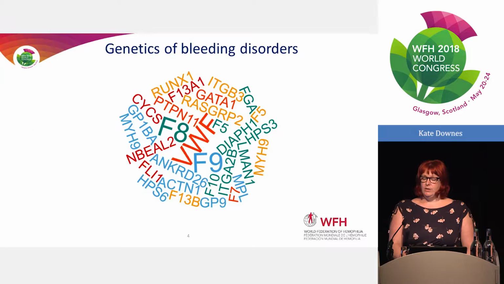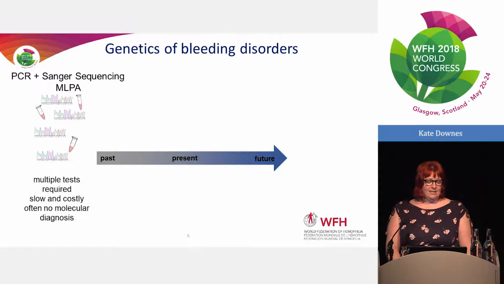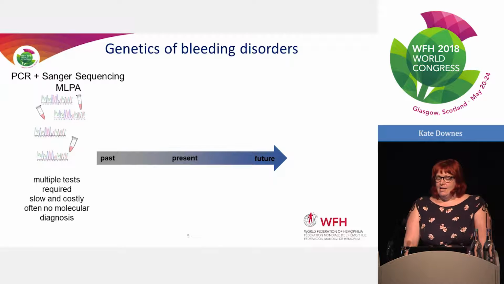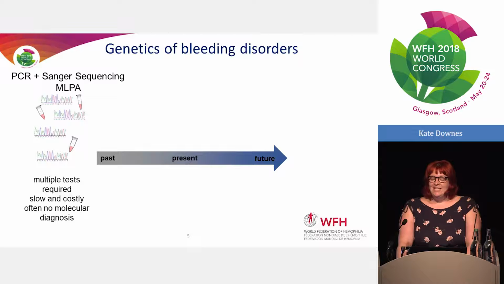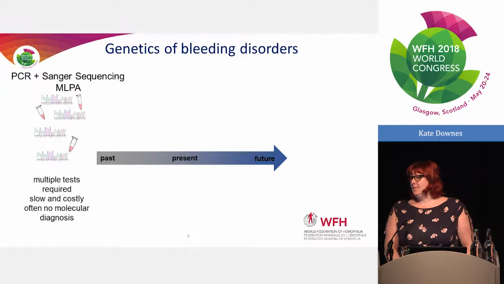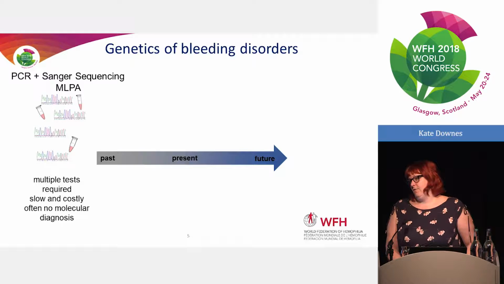So I just want to put the next generation sequence panel testing into context. To your left, this is what we used to do, and this is what lots of labs are still doing for testing across the world: we can look at one gene by PCR and Sanger sequencing to try and identify what variant is associated with a disease in a patient.